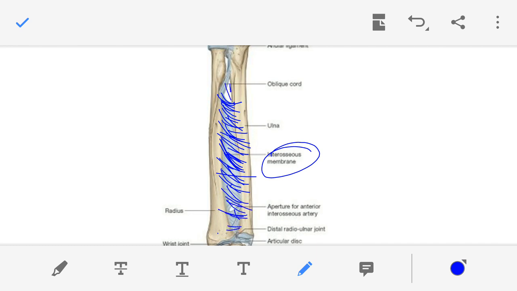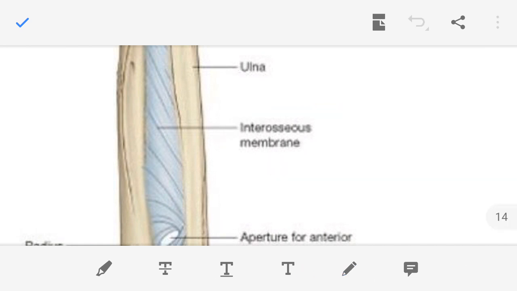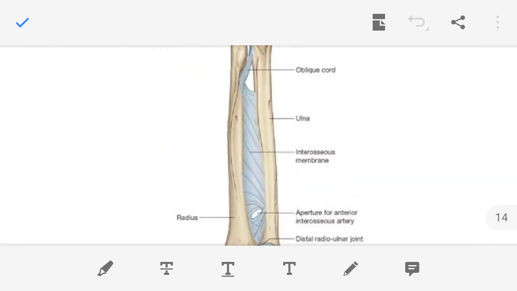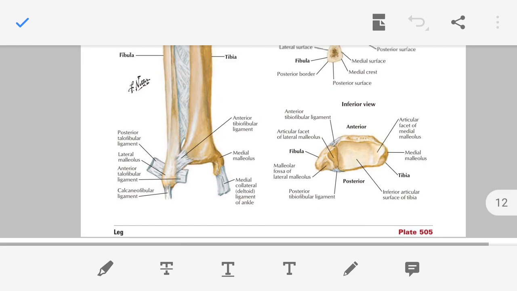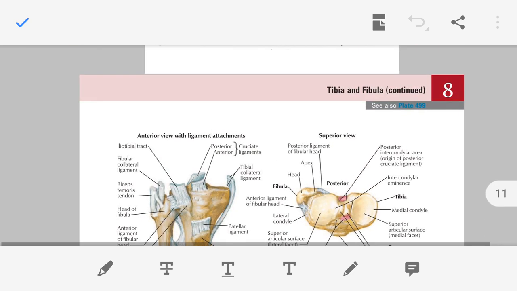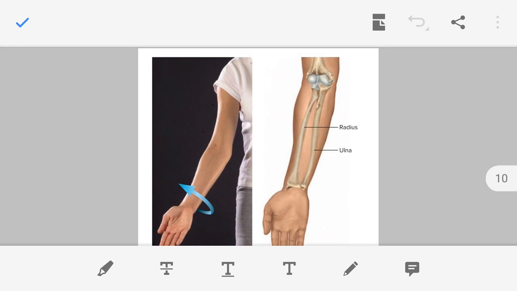In between, a collagen fiber sheath is present. These collagen fibers are very close together and in the form of a membrane. This collagen fiber membrane is known as the interosseous membrane, and these collagen fibers are long enough that they allow the two bones to move freely.